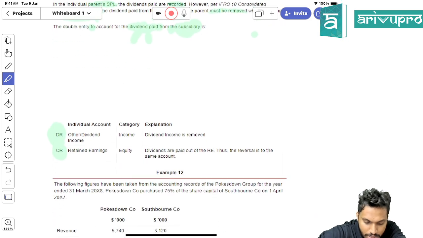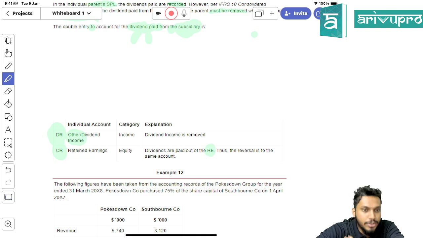Already there is an income sitting in the income account, so that will be debited. Removing means you need to minus it. Then for dividends paid out through retained earnings, there is a reversal to the same account: you are crediting it back to the retained earnings account.